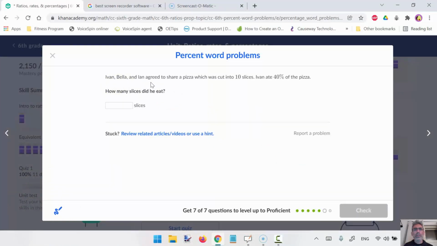Ivan, Bella, and Ian agreed to share a pizza which was cut into 10 slices. Ivan ate 40% of the pizza.